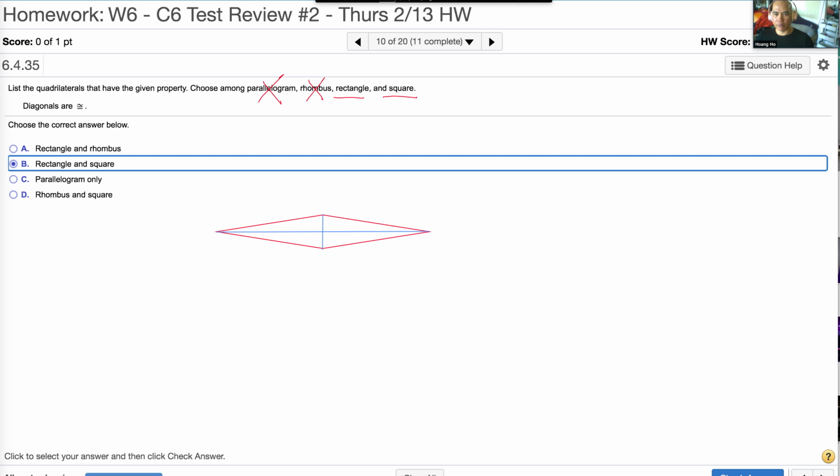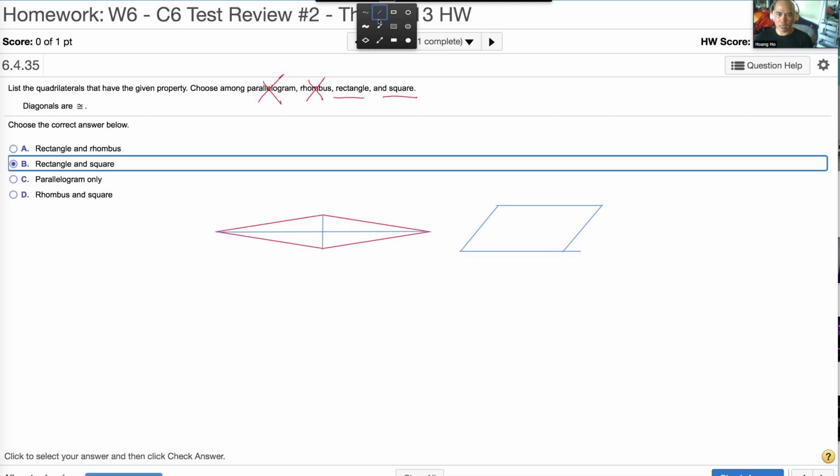And then the parallelogram. Okay, I can sketch it. Here we go. So that's one side. Now this one. So you've got a parallelogram. I try to make sure the opposite sides match.